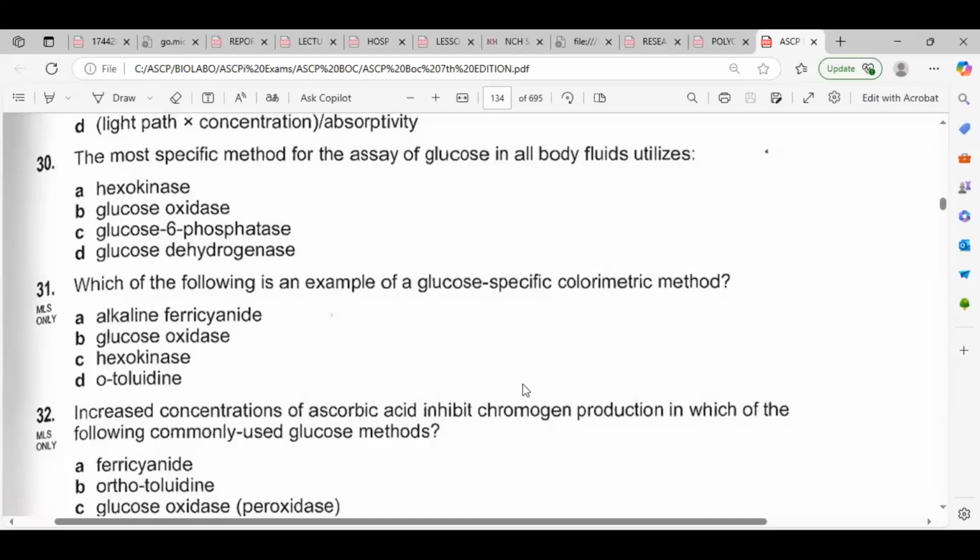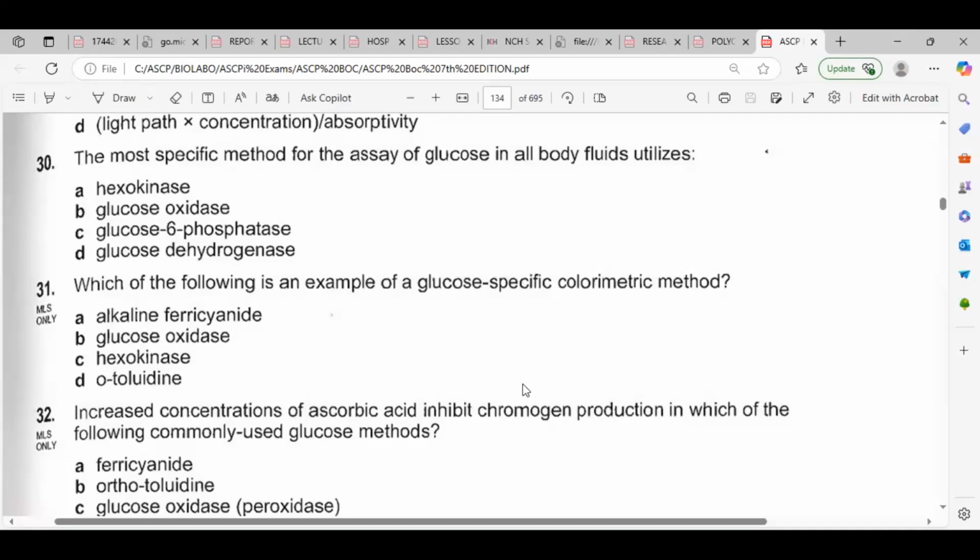Phosphorylation of glucose to become glucose 6-phosphate, and then glucose 6-phosphate will be oxidized or dehydrogenated by glucose 6-phosphate dehydrogenase in order to generate what we call NADPH. You remember that one? Very straightforward. And then NADPH is measured as a color disappearance and appearance. That one is like that for hexokinase.